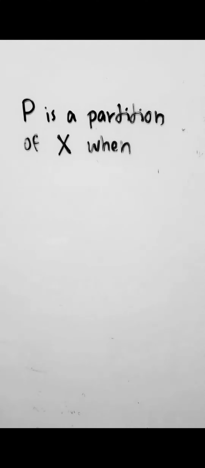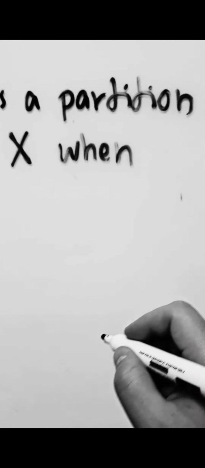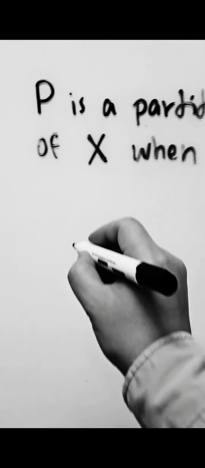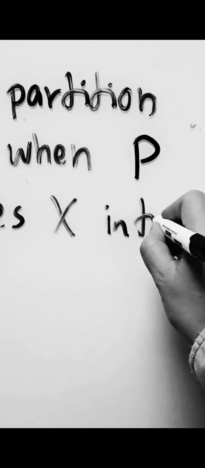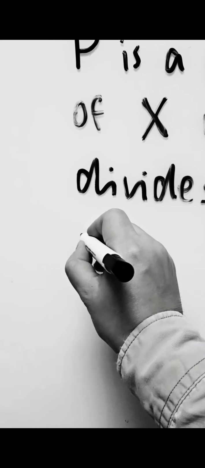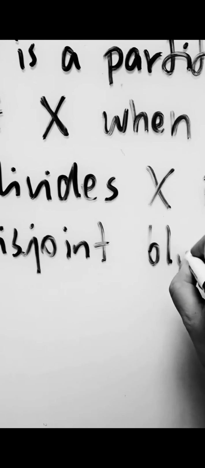But what is a partition of X intuitively? Well, intuitively, P is a partition of X when P divides X into disjoint blocks.